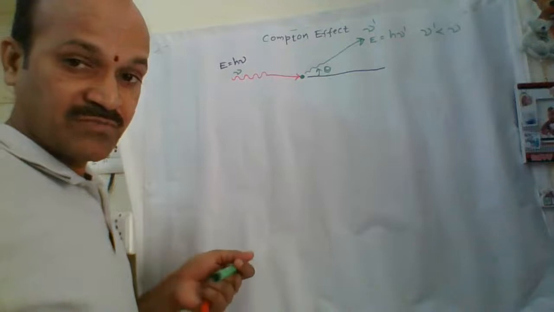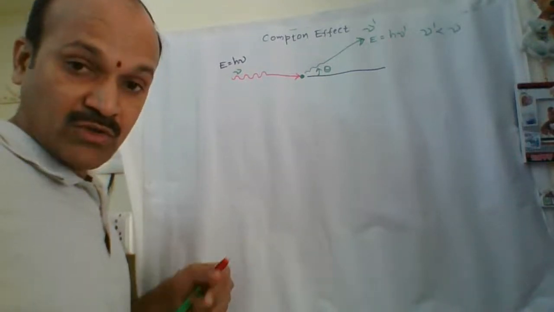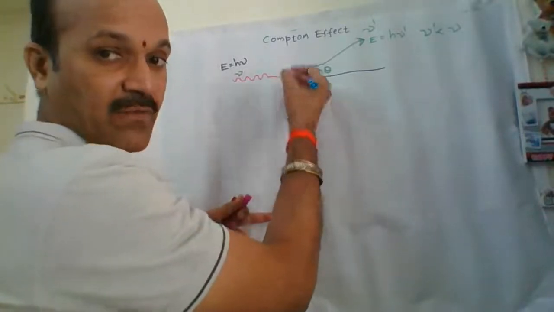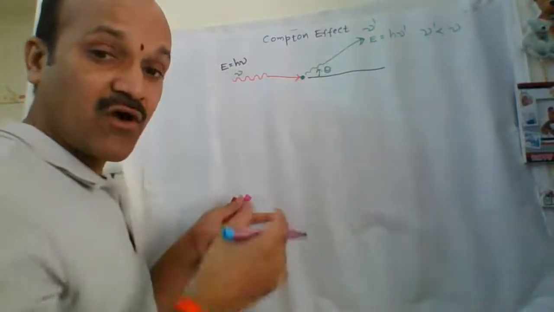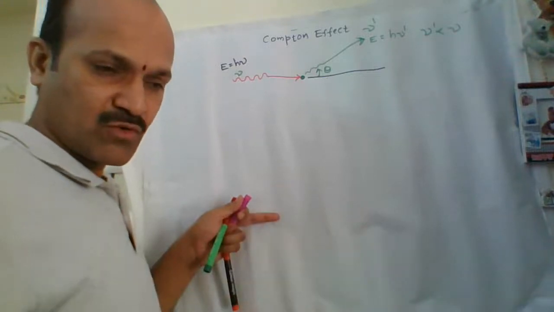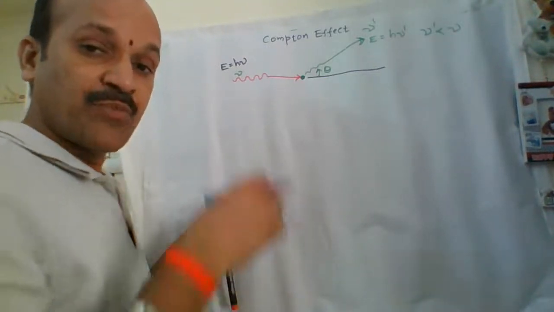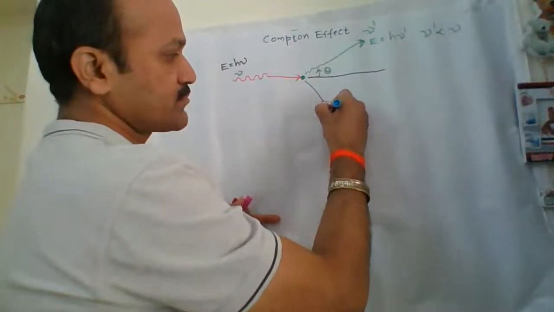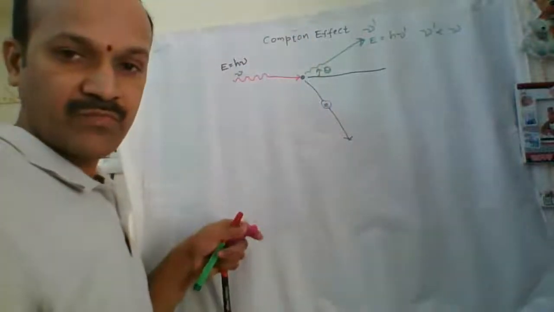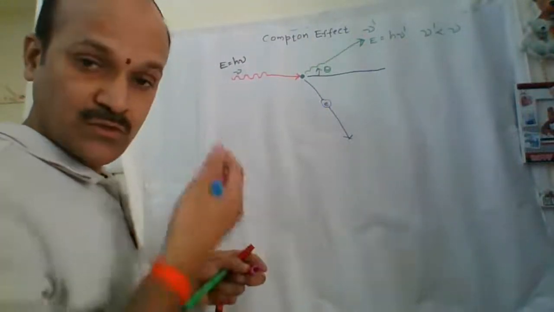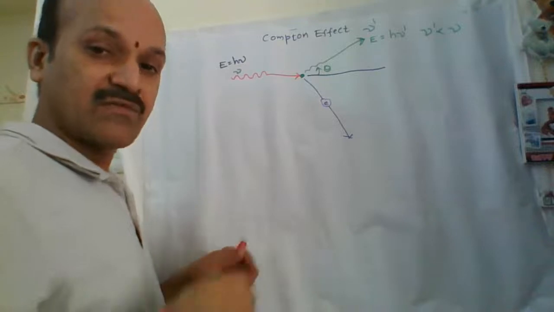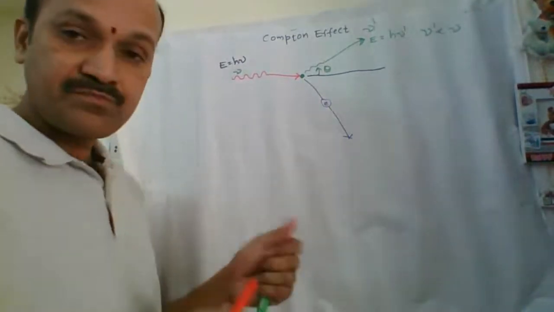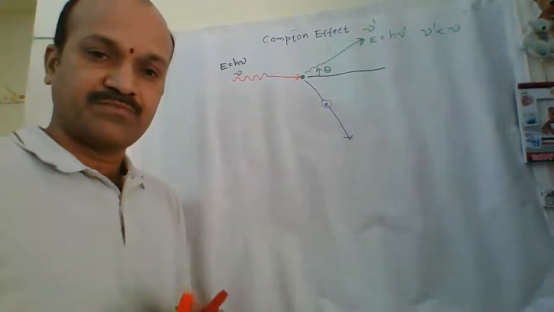Some of the energy is absorbed by the electron, so the electron also gets scattered from the metal. It comes off, so it is called a recoiled electron. Generally, we don't call it a scattered electron; we call it a recoiled electron. That also moves with some velocity, which we'll discuss in a moment. This is a simple phenomenon.